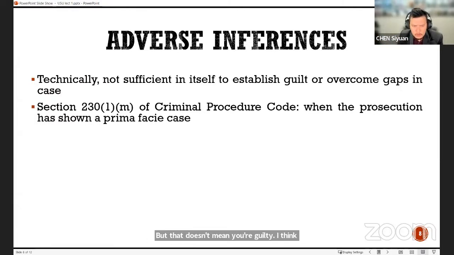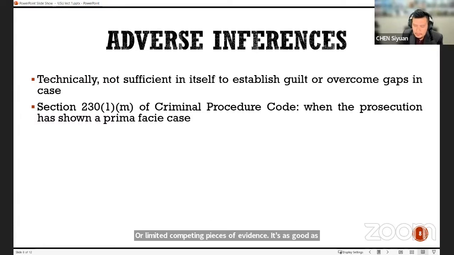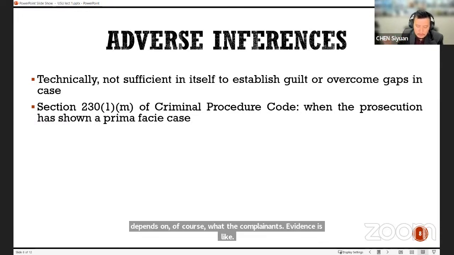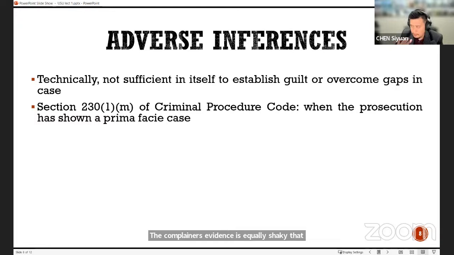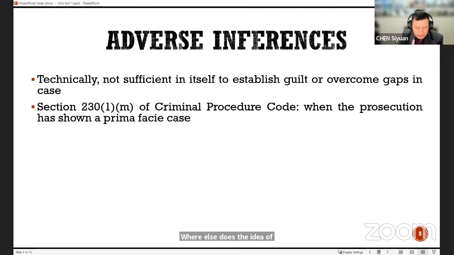So under Section 230(1) of our Criminal Procedure Code, and this is when trial has started, if the prosecution has produced sufficient evidence to the satisfaction of the court that the case should proceed. So the prosecution hasn't proven a crime yet, because to prove a crime, you need beyond a reasonable doubt. I'm talking about an earlier stage of the trial where the court is deciding, should we even continue? Does the prosecution even have enough to proceed?